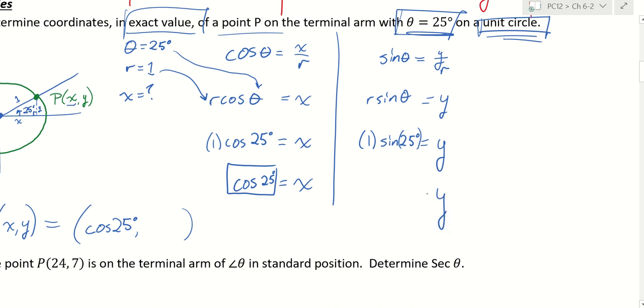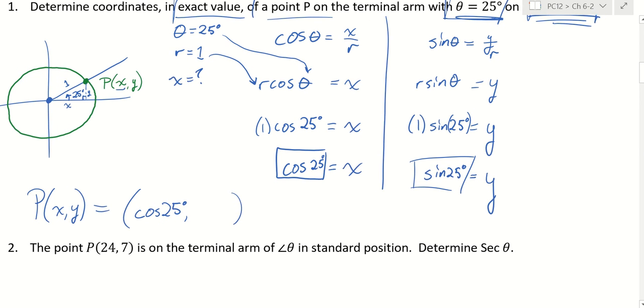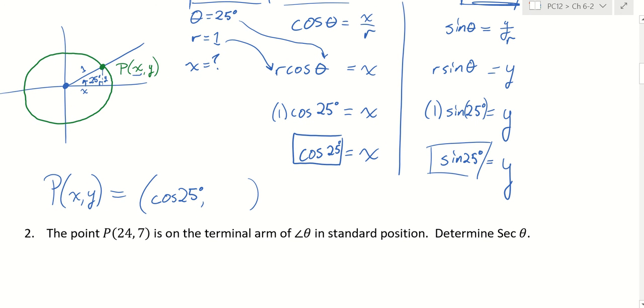Simplifying here, a trivial simplification, 1 times sine of 25 is just sine of 25. And we could type this into our calculator and we would get some sort of very long, ugly result. Less than 1, greater than 0. But in any case, this would be the exact value, and we can't really write it any differently than that. So sine of 25 degrees, that's the y-coordinate.